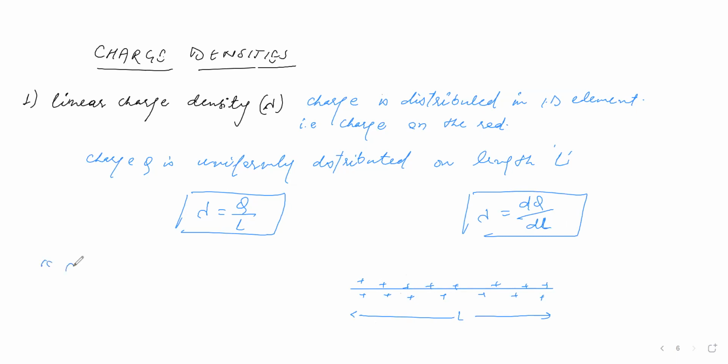Sometimes it is also known as charge per unit length. This is also a definition of the linear charge density. Note it down, please. All of you noted it or not?